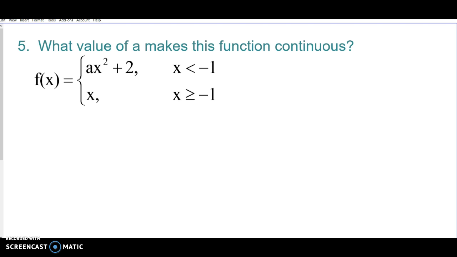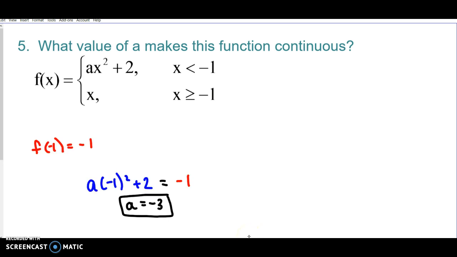Okay, here's a fun one. It says, what value of a makes this function continuous? I'm not going to give you any hints, so think about it. All right, go ahead and put me on pause. Really helps to understand what's going on here.